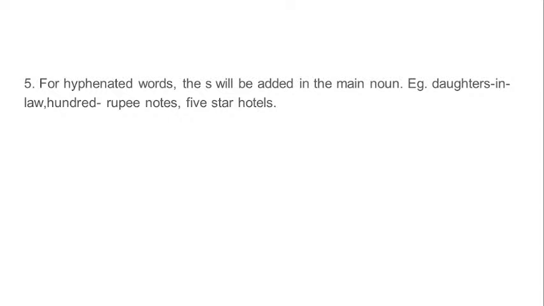Now the challenge is to form its plural form. Most of the errors made in this segment are because the usual rule you remember for making plurals is adding s at the end of the word, right? Boy, boys, girl, girls. So you quickly add an s beside that.